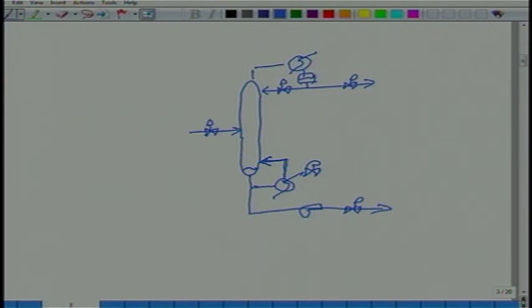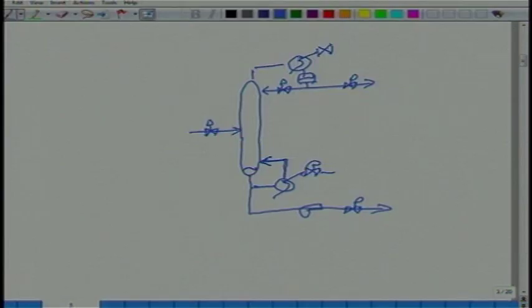You also have in your hands how much steam you are putting into the reboiler. You also have, let us say, cooling water, how much cooling water you are putting into the condenser to condense the vapor that is coming up the top. I am not showing a valve here, or maybe I can show it and then rub it, and I am not showing a valve here. Why?